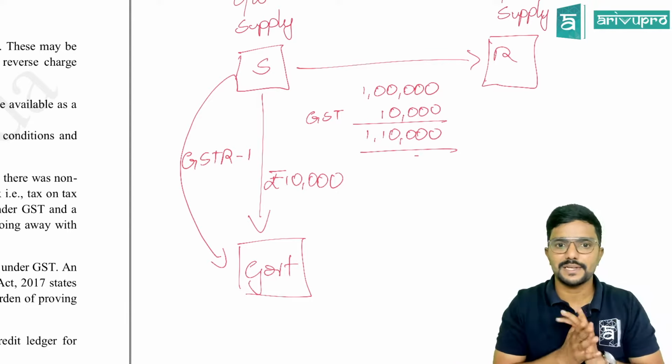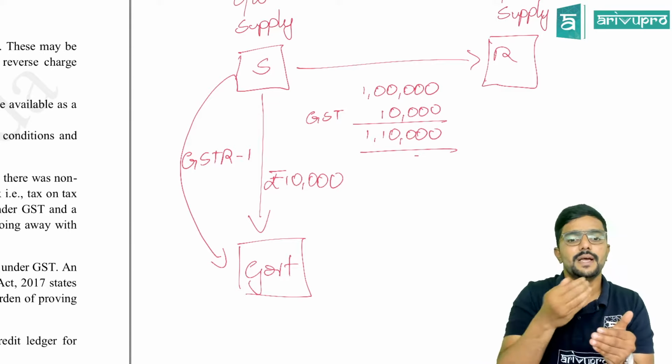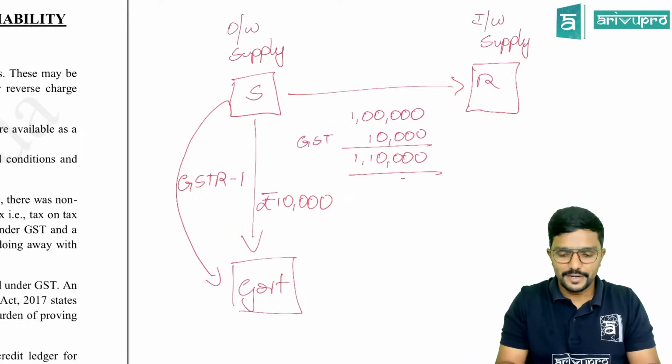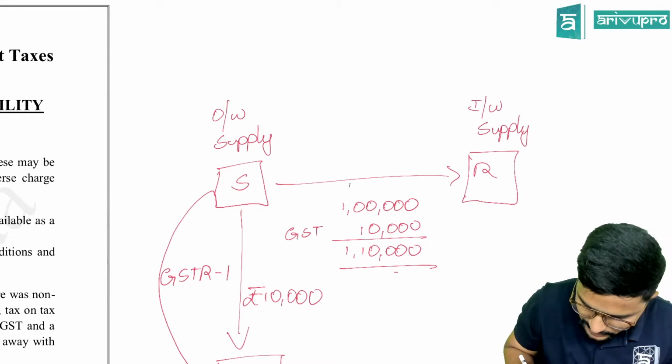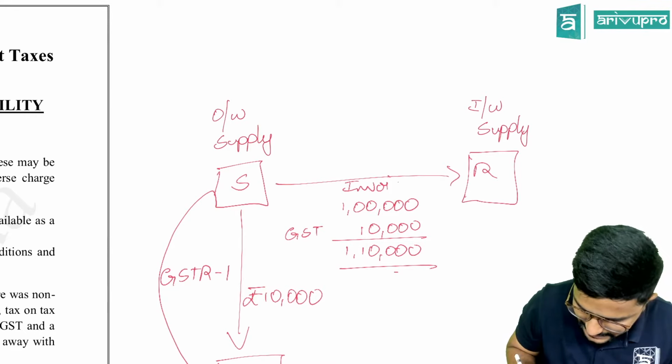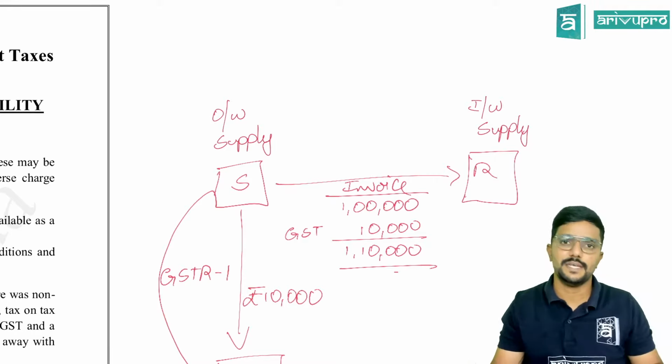This is the supplier's responsibility. So the supplier collected the tax from the recipient and gave it to the government. Also, the supplier will issue an invoice, which we call a tax invoice, for 1,10,000 to the recipient.